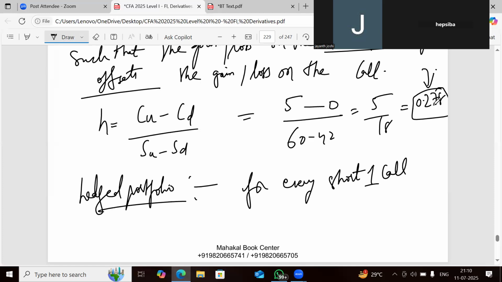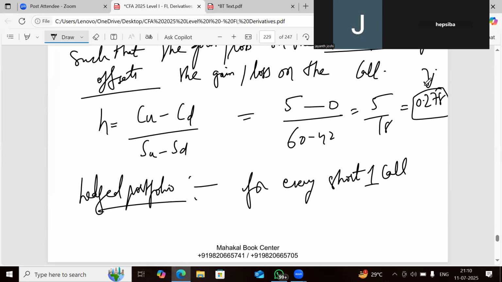If this is 0.278, if I change this into a fraction, 278 by 1000, it's coming 139 by 500.